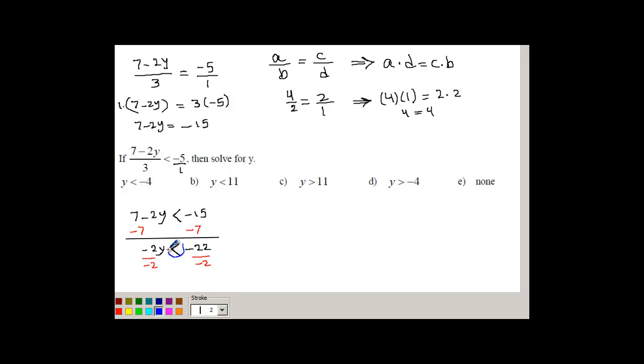Do you know? Yes, the sign switches to greater than. Very good. So if you multiply or divide by a negative, the direction of the inequality changes to the opposite direction. So now y would be greater than minus 22 over minus 2, which is equal to plus 11.